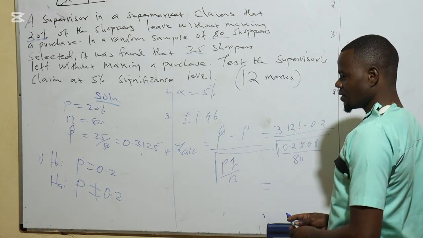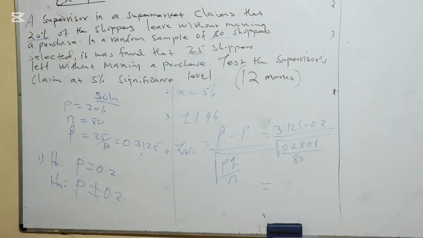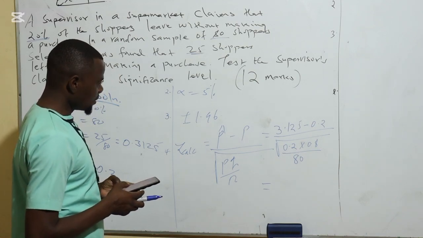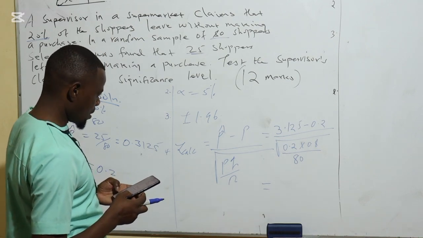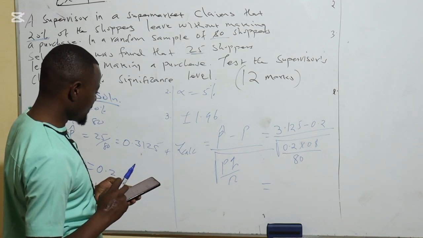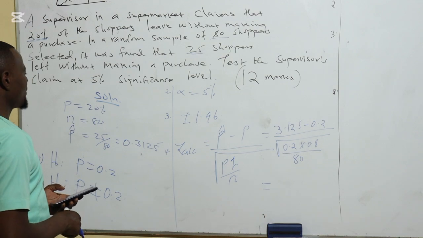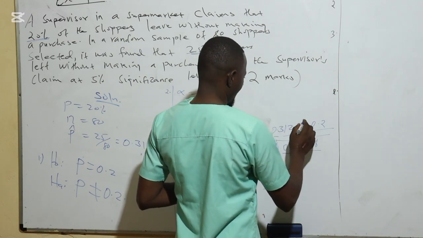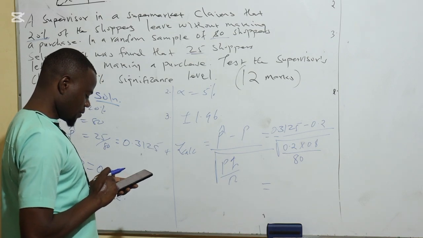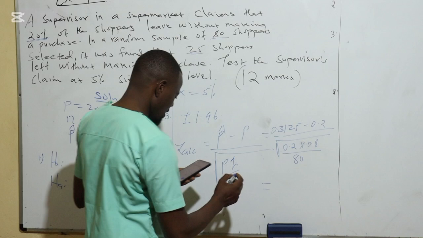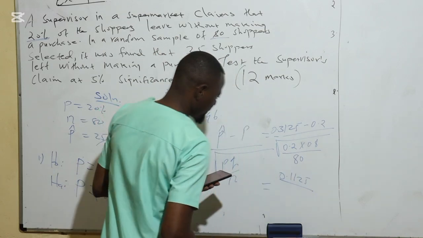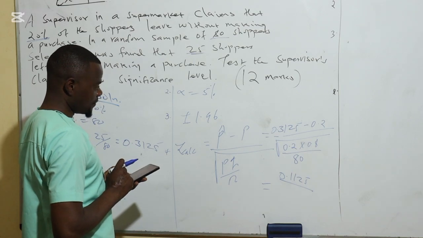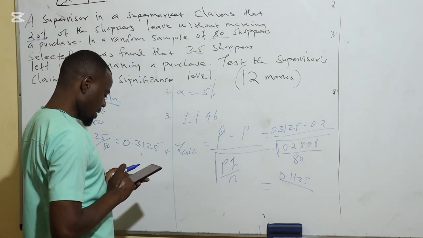So when you calculate this value, what do you have? 0.3125 minus 0.2 gives you 0.1125 over the square root of 0.2 times 0.8, which is 0.16, divided by 80.